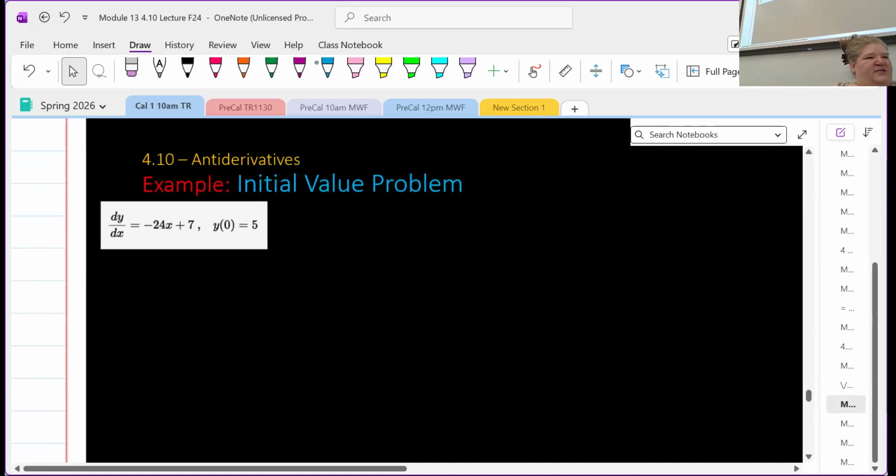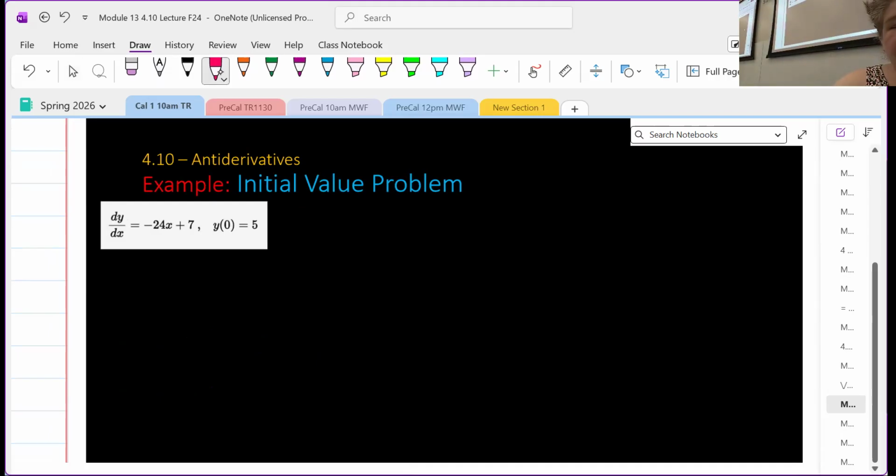So our derivative here is very basic. dy over dx equals negative 24x plus 7. And we're told y of 0 is 5. So first thing I'm going to do is take this equation and multiply both sides by dx.